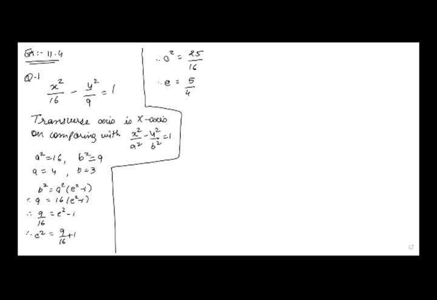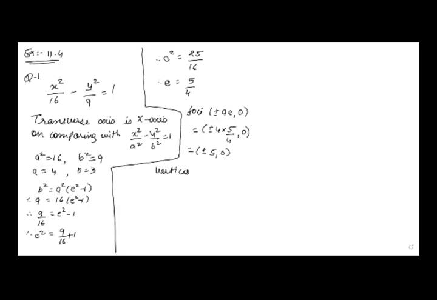You can see that the value of eccentricity is greater than 1. Now foci, as the transverse axis is x-axis, I will have on the x-axis only plus minus ae comma 0. The value of a is 4, the value of eccentricity is 5 by 4. So plus minus 5 comma 0.